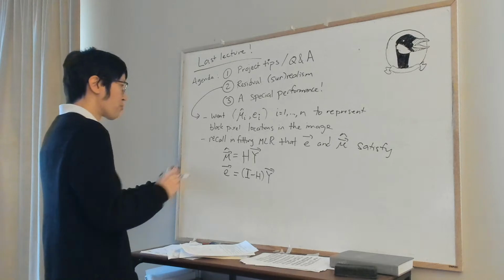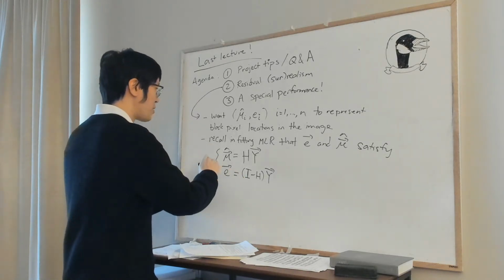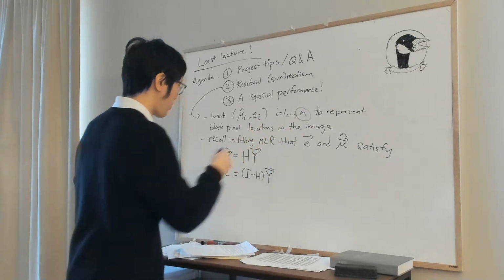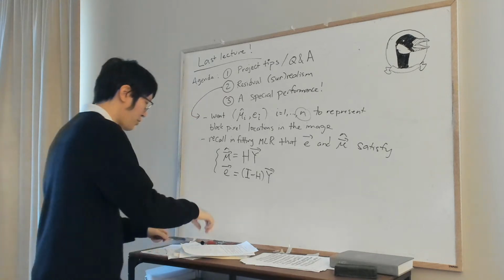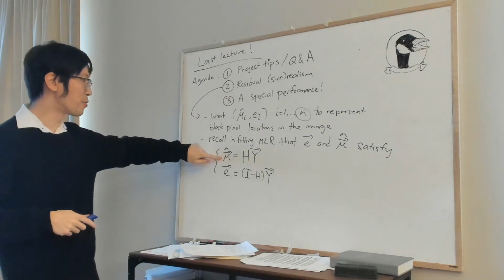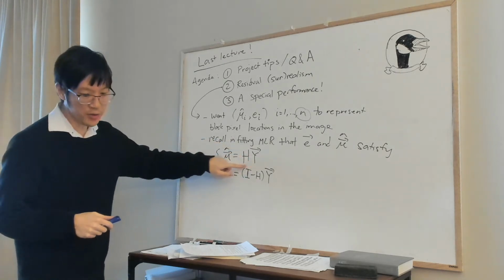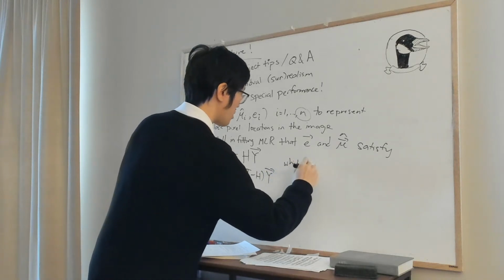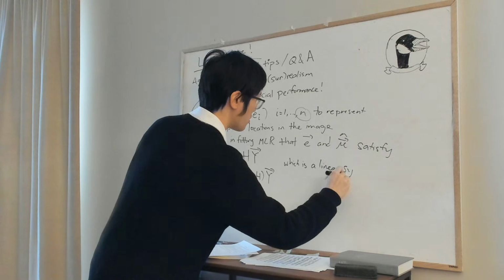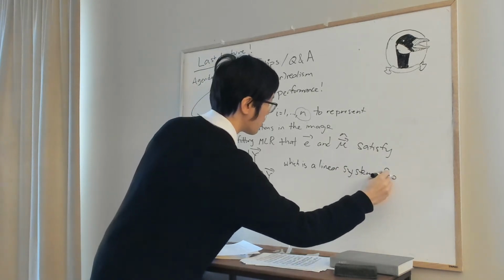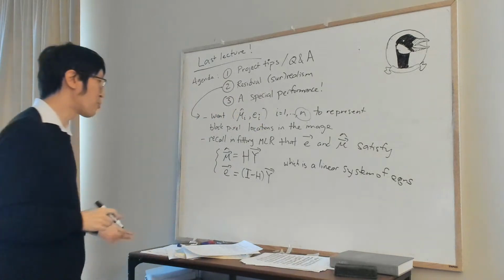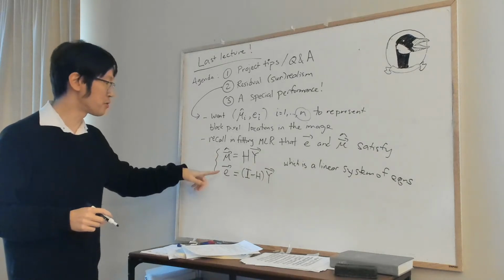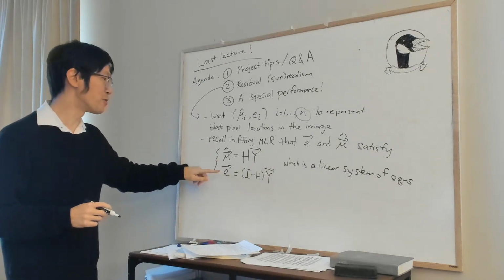And so remember, this is if you have n observations. So if n is your number of observations, then how many equations are there? Remember, you can think of this as a linear system of equations. Well, the mu hat vector has n fitted values, and then there are also n residuals in the E vector.